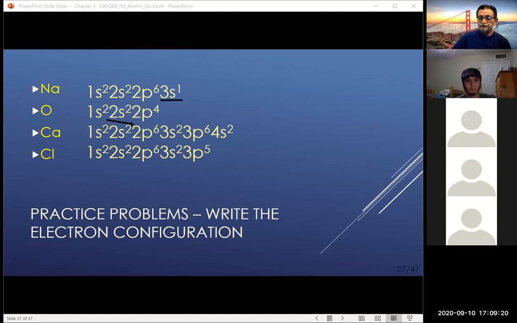Oxygen has 6 valence electrons in the 2nd energy level. 4 of them are in the P, 2 of them are in the S. Calcium, guess what? Calcium it's in the 4th energy level, and it's part of the S elements, and it's in the 2nd column over, so it's 4s2, okay?